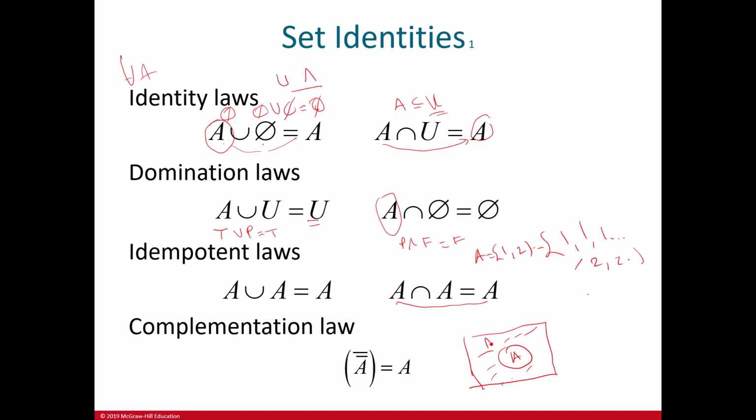This is A complement. Now, what is the complement of the complement? All right, then you're going to give me what? I'm not talking about this. I'm talking about anything that is not this here. So what that means? I'm talking about A itself.